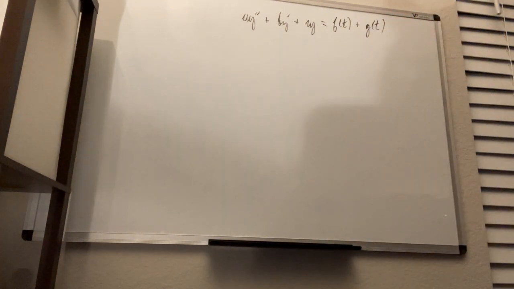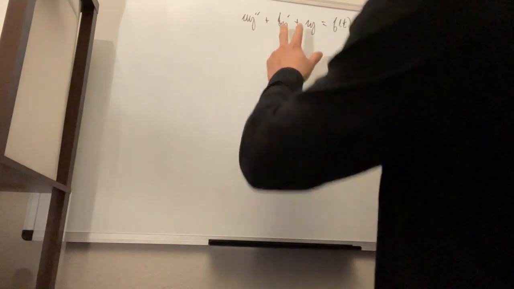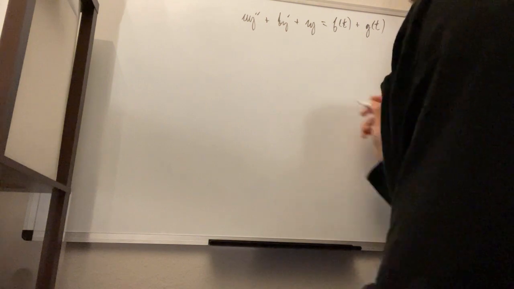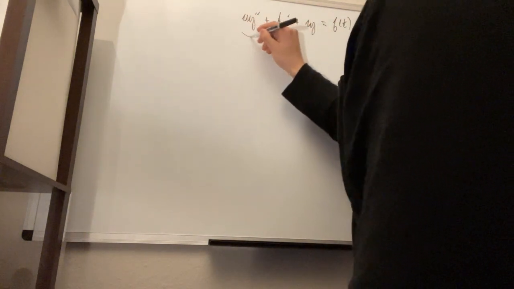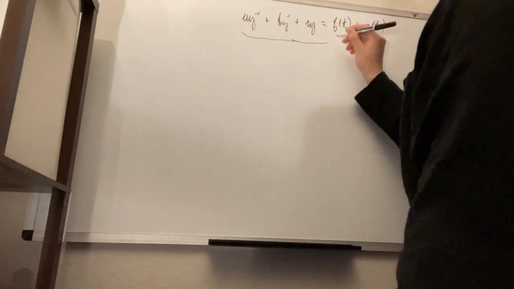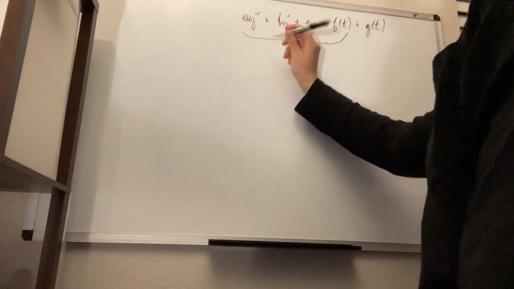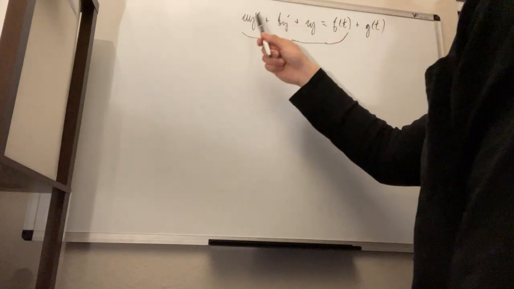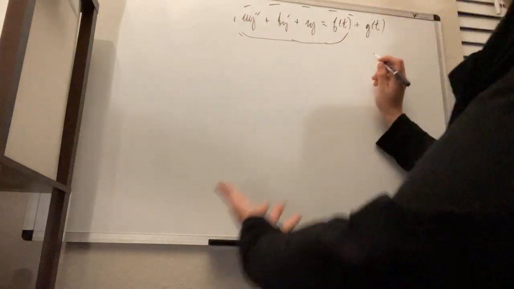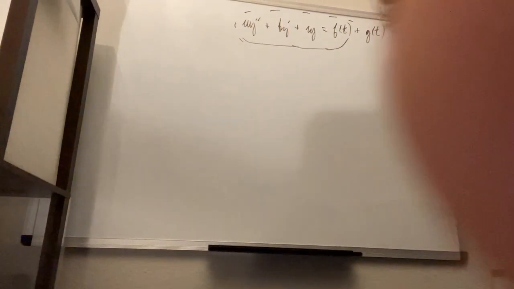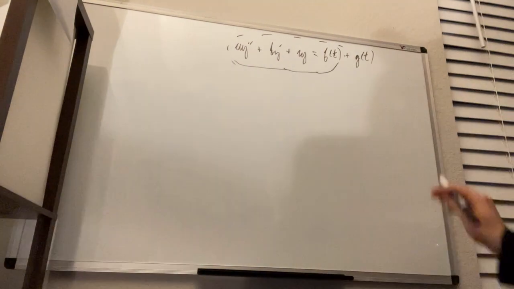we are going to split this equation into two. We split it into ay double prime plus by prime plus cy equals f of t, and we find a particular solution for just this equation over here. Can you see that? Hopefully.